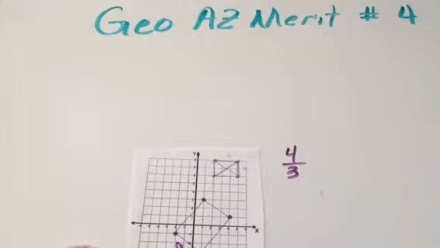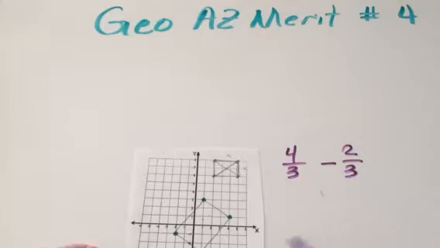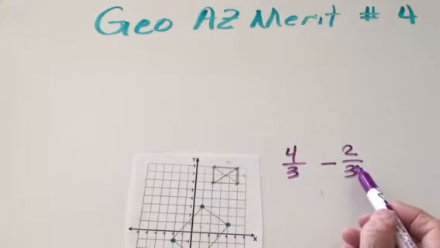The slope of this line, watch this, I'm going down. Down 2 and over 3, so it's going to be -2/3. Here, this slope, I'm going down 2 over 3, another -2/3.